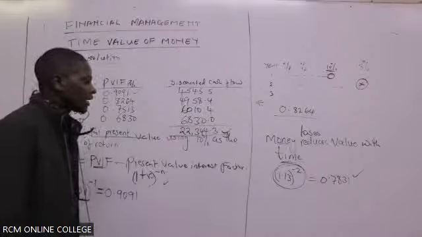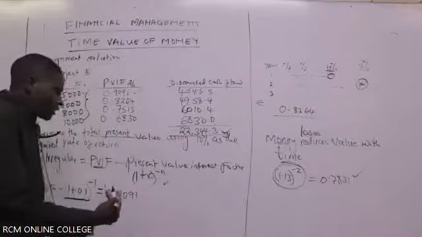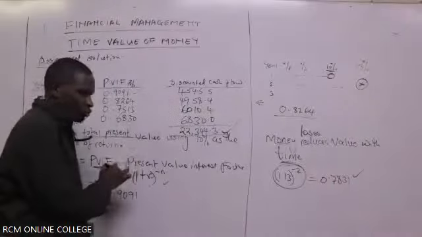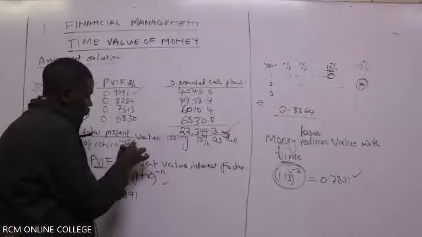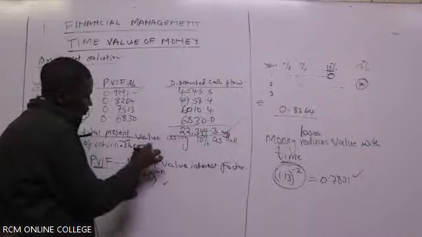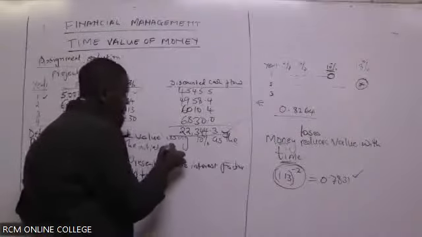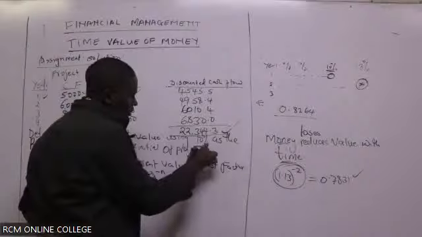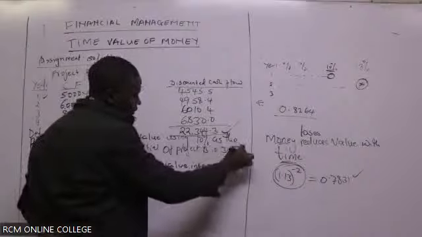Okay, now assume the examiner adds information here and tells you that the initial outlay, we are expanding it now, the initial outlay of project B is 30,000.